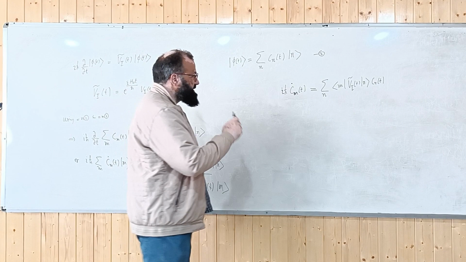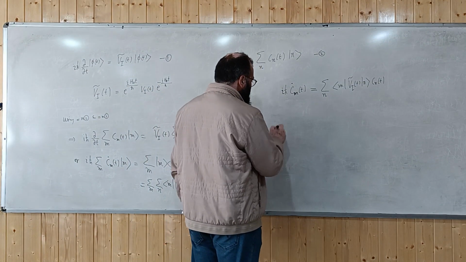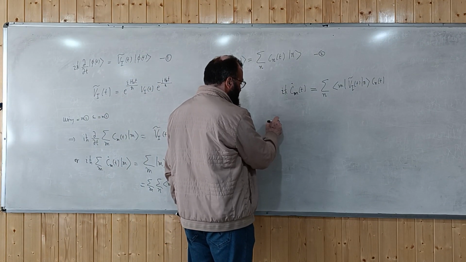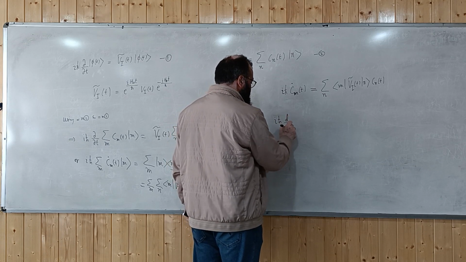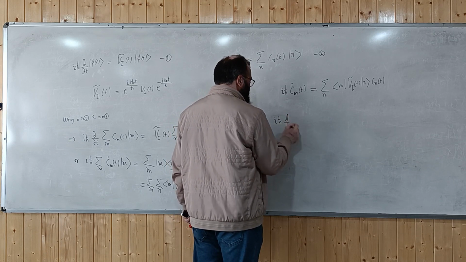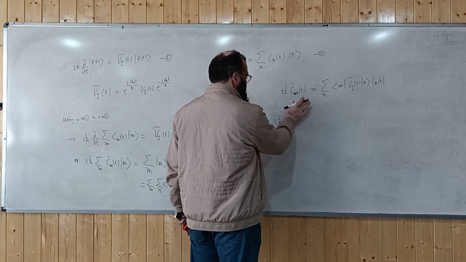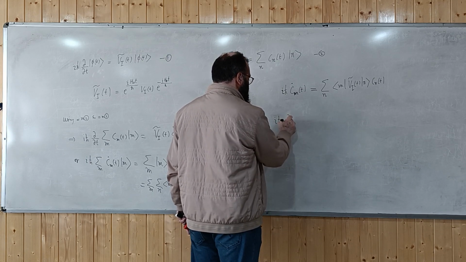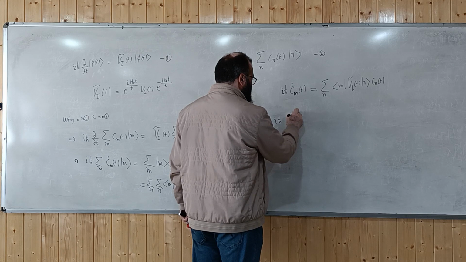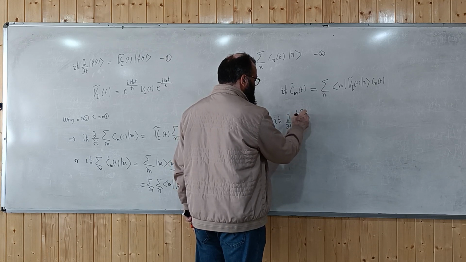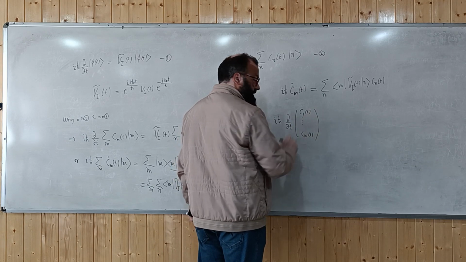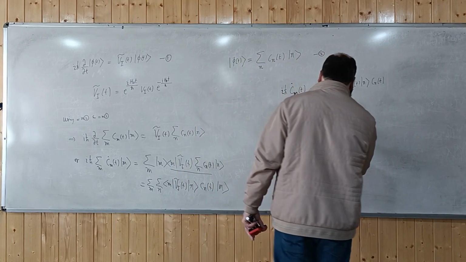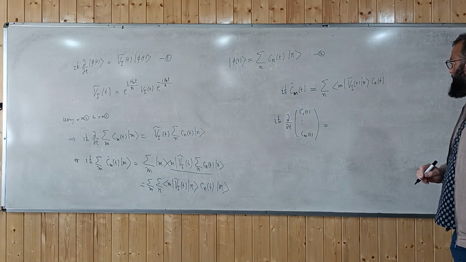So let's simplify it a bit. I can write it this way: i h cross d by dt of C1(t), dash dash dash, Cm(t). Clear? So these are all the coefficients. Then I will write it this way.